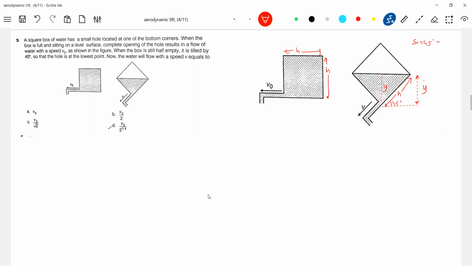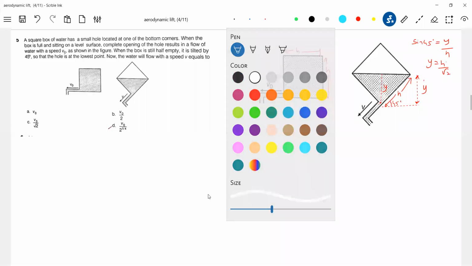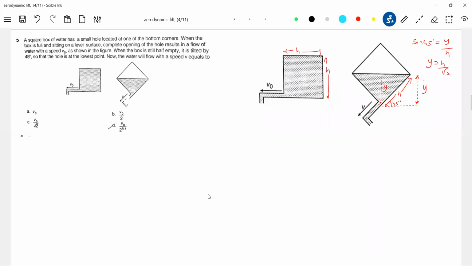Sine 45 degrees equals Y by H. Y equals H by root 2. Okay, let's apply Bernoulli's theorem exactly just outside this particular point and this one. This is almost exposed to atmosphere, so let's not bother. I'll do one thing, we will remove this.